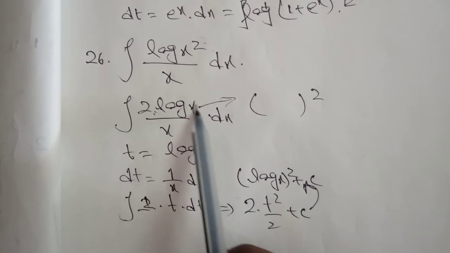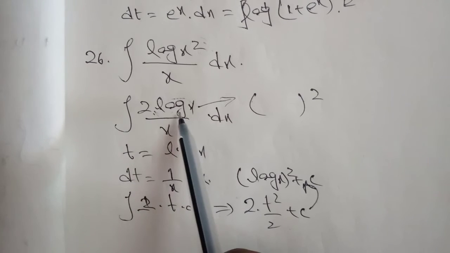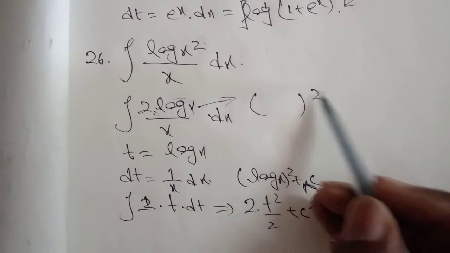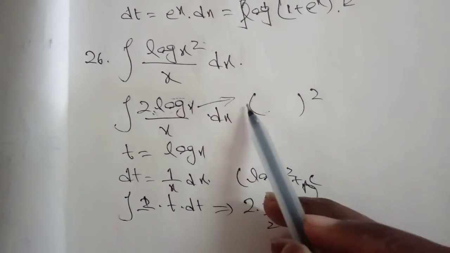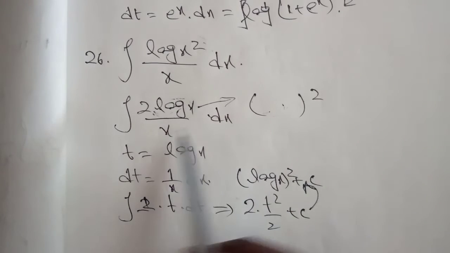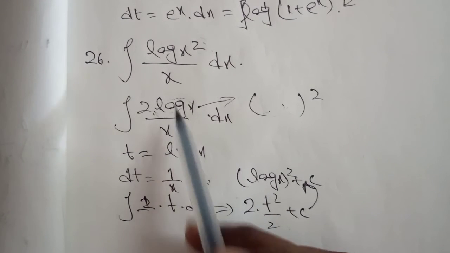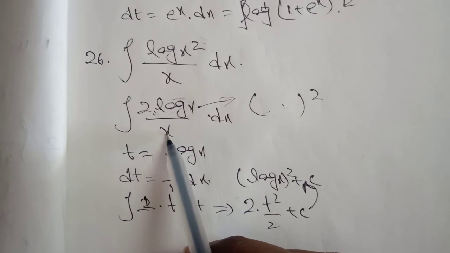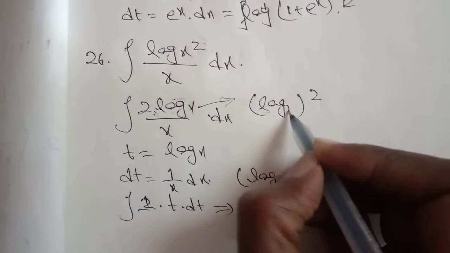Because only at the numerator we have log x. There is no other such term available here, so we can directly write it as a square, and the term in the brackets depends upon the differentiation. We have to consider log x. The differentiation of log x becomes 1 by x.